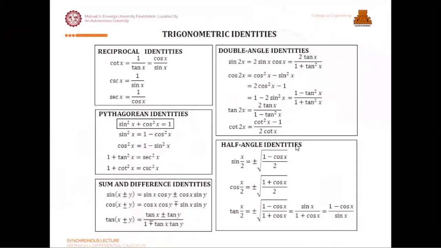When we check the double angle identities, we have 2 sin x cosine x. If you have a term like that, you can represent it as sin 2x or as 2 tangent x over 1 plus tangent squared x.